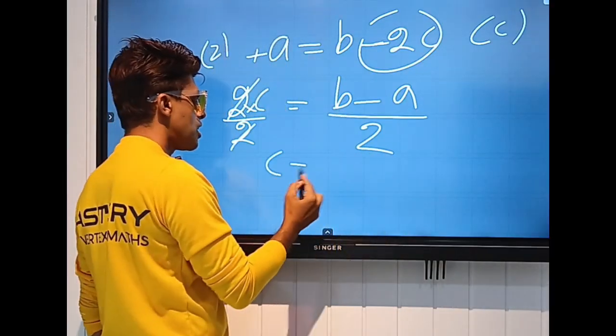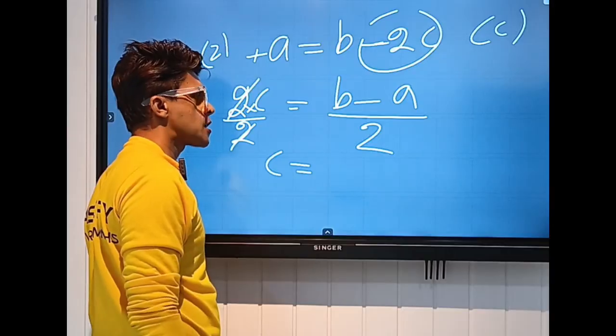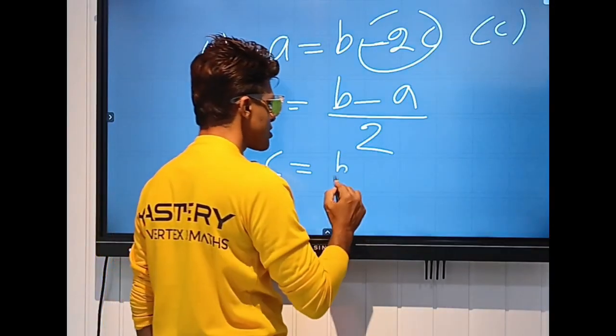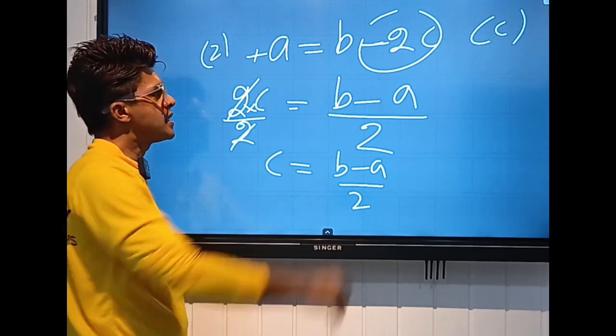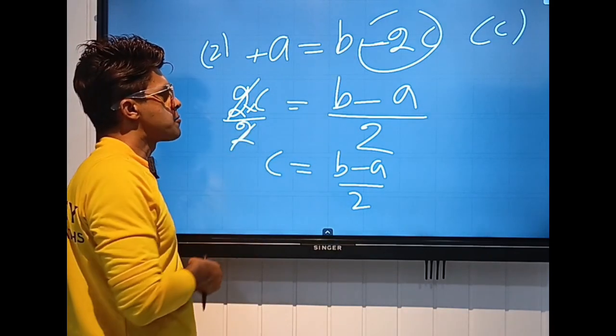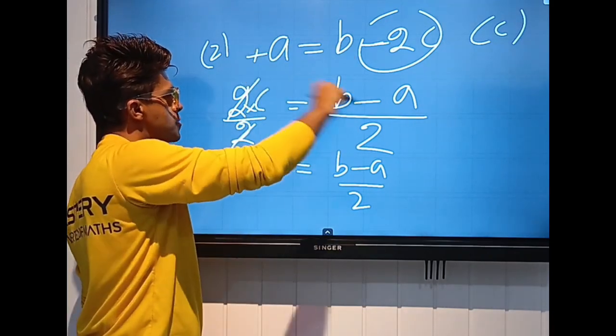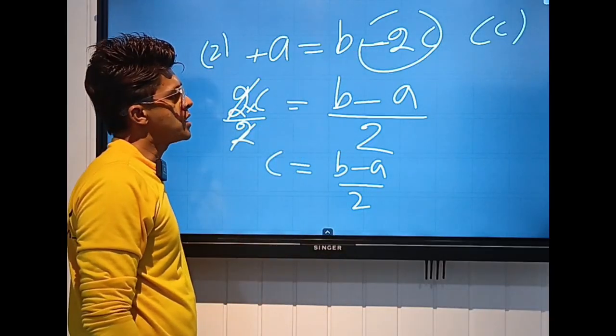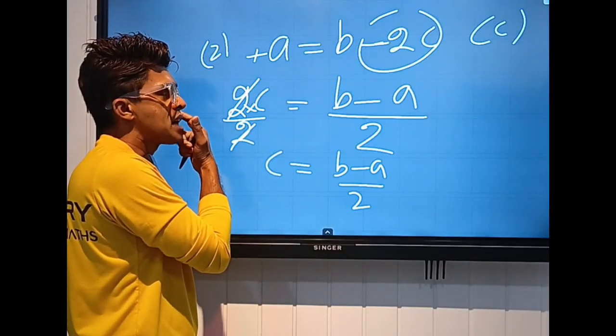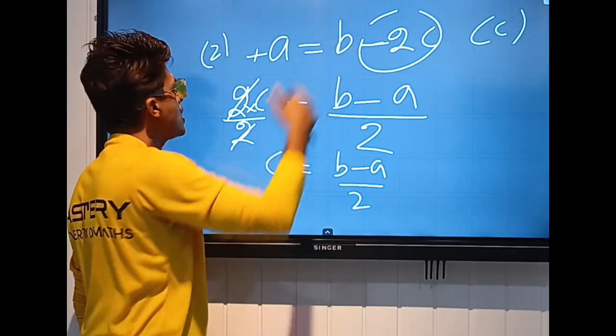The term c can be written as the subject of this formula as b minus a over 2. The answer. So what I've done here is that the negative value was brought to the left side and the positive value was brought to the right side. Why did I write this minus 2c as plus 2c? So as to get the answer easily, because here was a negative value.